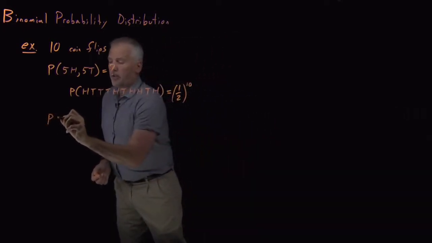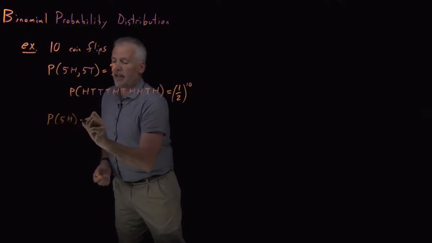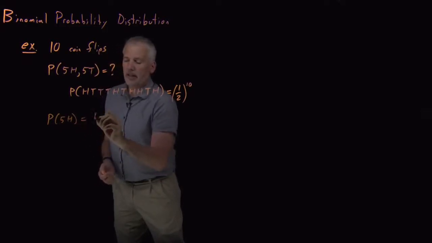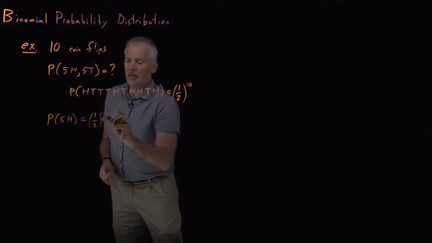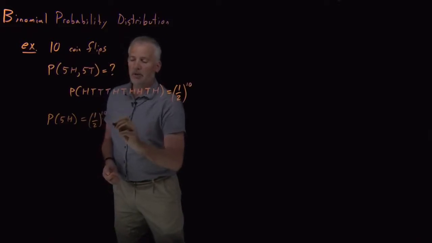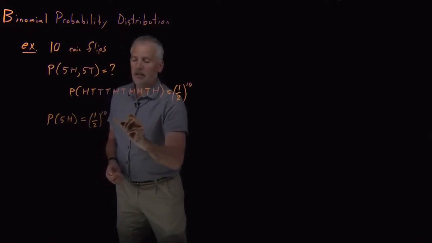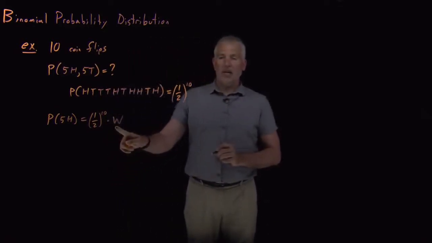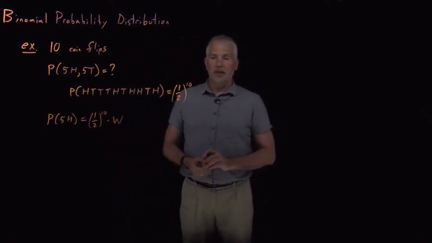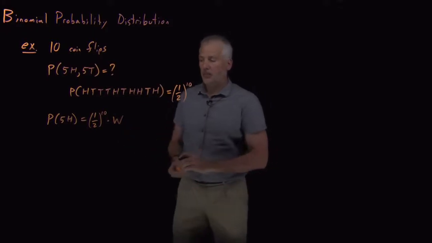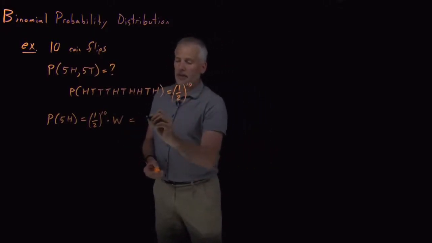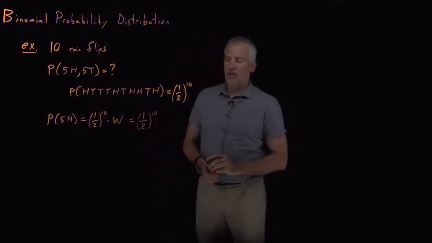If I go back to that question, the probability of getting exactly 5 heads is the probability of getting any one of those events multiplied by the multiplicity. How many ways are there of getting 5 heads and 5 tails? That's where the binomial coefficient comes into play. Each one of the events has probability 1/2 raised to the 10th.